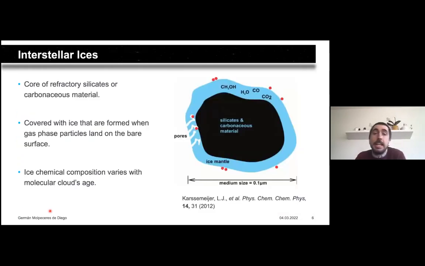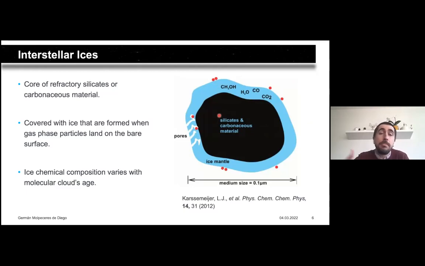And what is an interstellar ice, or this icy dust? Well, it's a mixture of a core that is made out of silicates or carbonaceous material. This refractory core is inherited from previous stages of the cloud evolution, and several ices can be accreted on top of it, mostly made up of water in the early stages of the cloud.